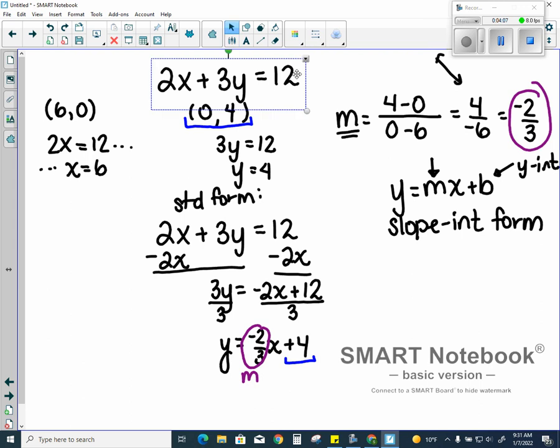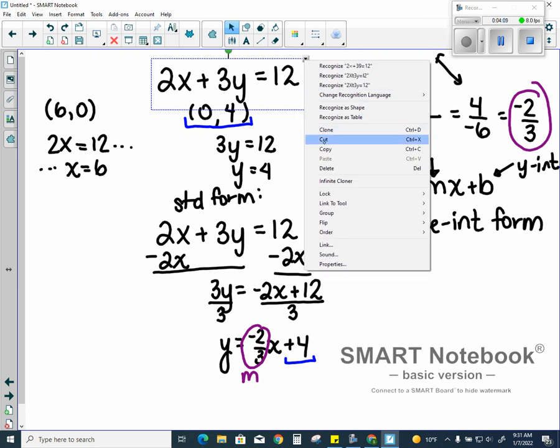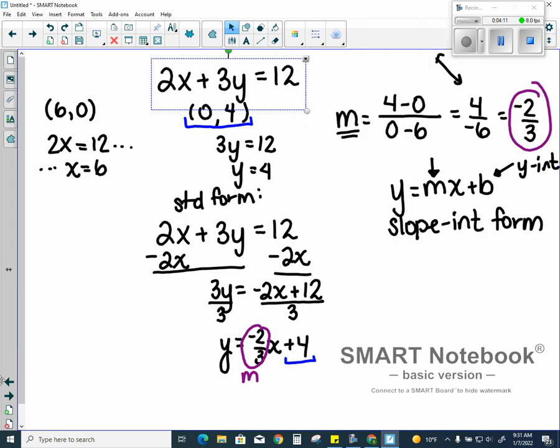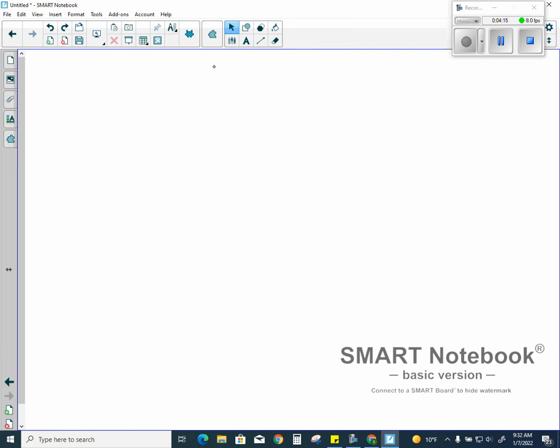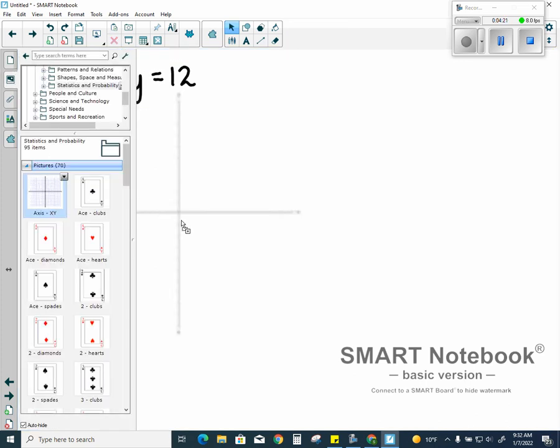Something very nice about slope-intercept form is that I can use it if I want to draw a graph of a line.